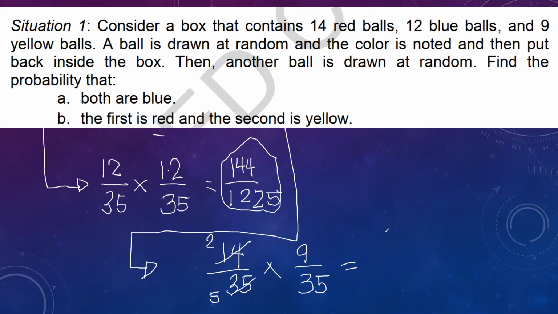2 times 9, that's 18, over 5 times 35, that's 175. So that is the probability na ang mabubunot natin red, then yellow: 18 over 175.